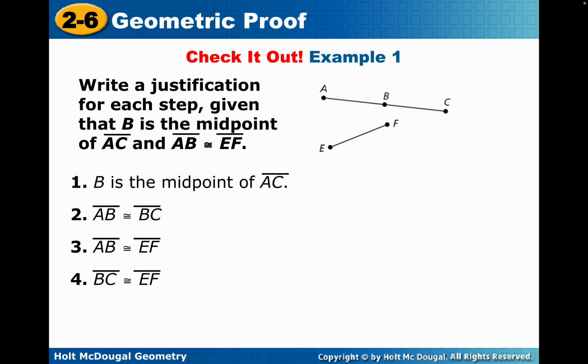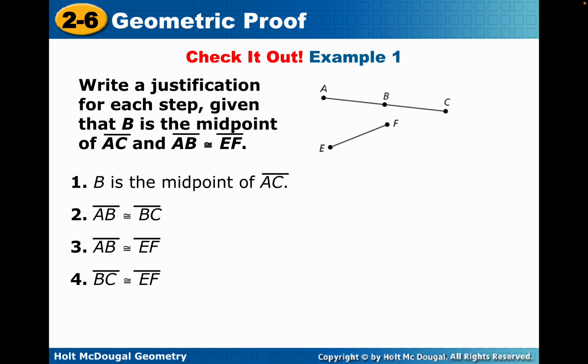Go ahead, write this one out. This one has all your statements already, right on the top, what you're given. It says we are given that B is the midpoint of AC, and AB is congruent to EF.